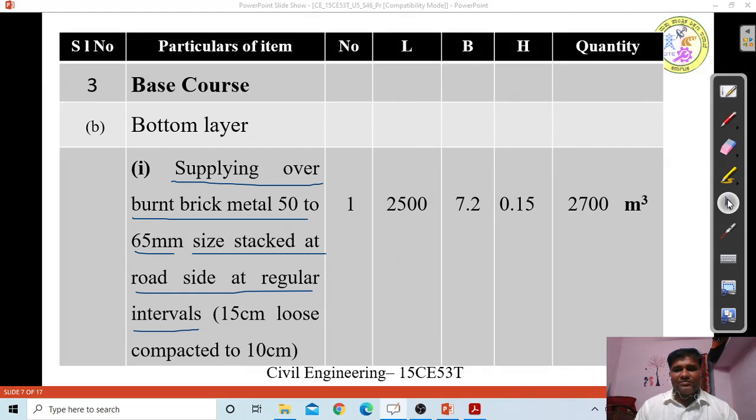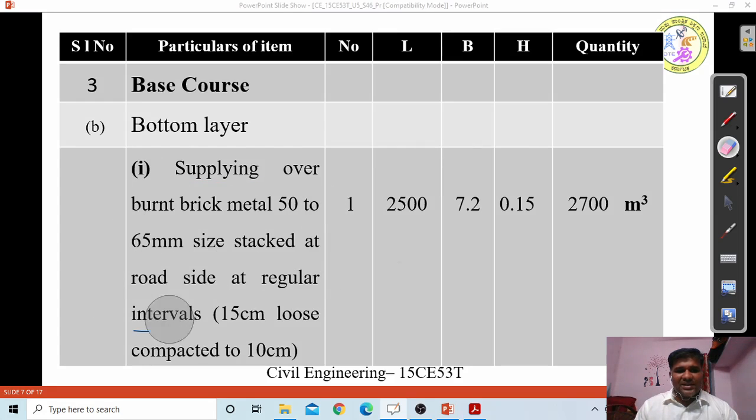So supplying of overburnt brick metal 50 to 65 mm size stacked at regular intervals is only a supplying item. See, if this is the road, here you will see the materials stacked in this form. These are the brick metals that will be supplied to the site. The supply will be measured in cubic meters.